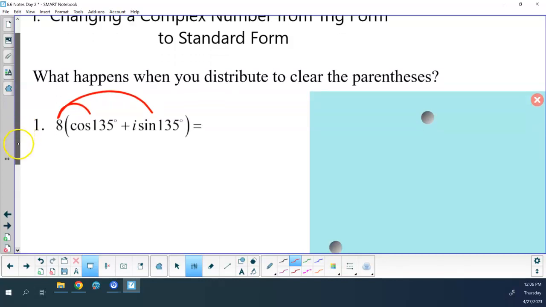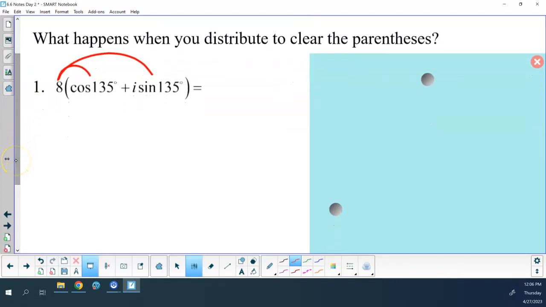The first way is you could literally just figure out what 8 times the cosine of 135 degrees is. Anybody? 8 cosine 135 degrees. Negative 5.657, right? Yep, 5.657. That's what it was. I knew it was 5, 6, and 7.